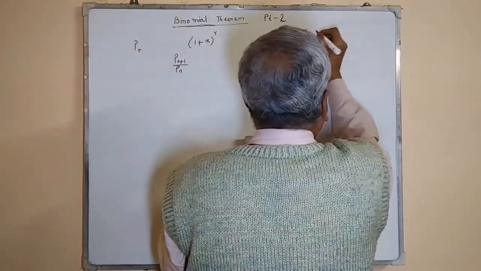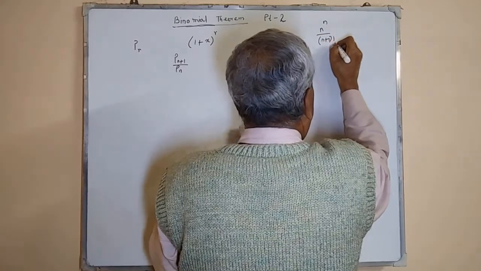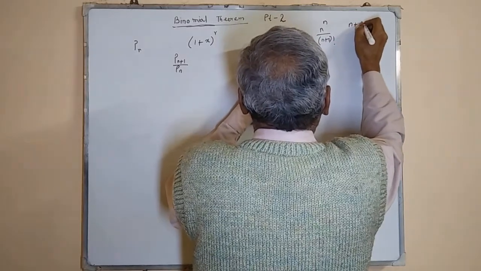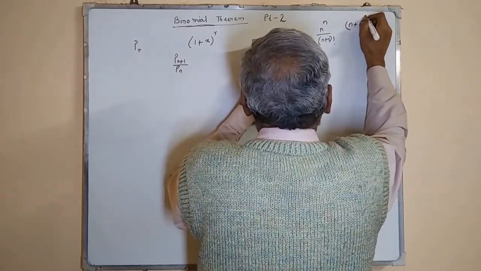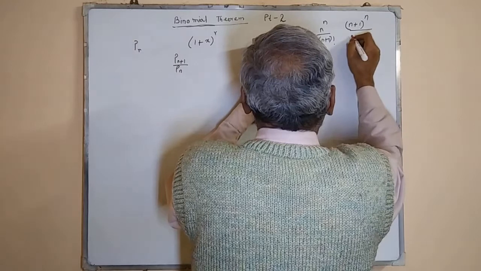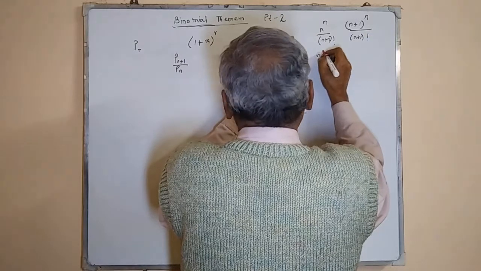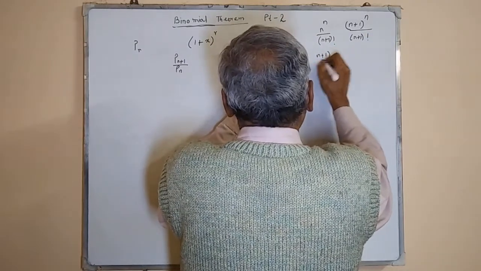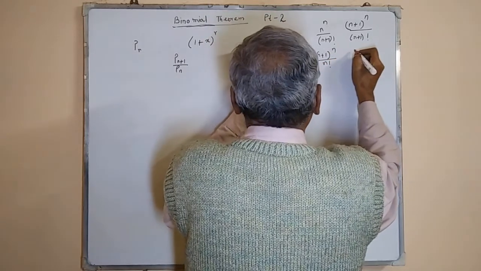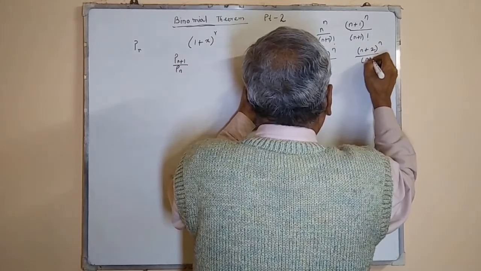Options: first, n^n by factorial (n+1). Second, (n+1)^n by factorial (n+1). Then (n+1)^n by factorial n, and the last one is (n+2)^n by factorial of (n+1).